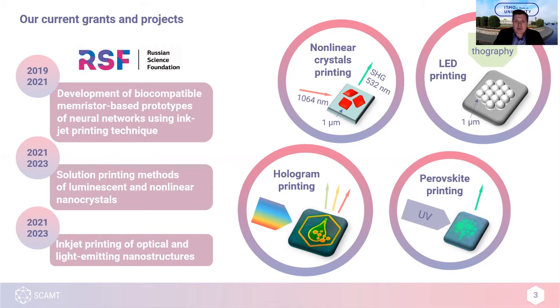And the third one is inkjet printing of optical holograms, the first example of inkjet printed holograms, and the fourth one is printing of perovskite with high light emitting effects.